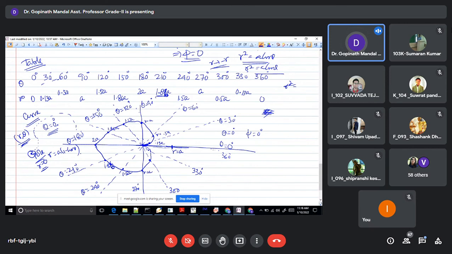This is the example: r square equal to a cos theta, or r square equal to a square. If we change r to minus r, there is no change in the equation, so it will be symmetric about the origin. Symmetry about the pole means symmetry about r equal to 0. Suppose this is the pole, and it is symmetric like that.